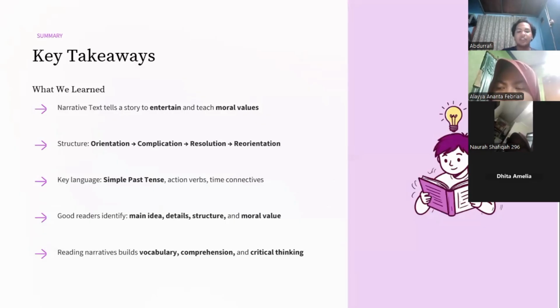They usually use the simple past tense, action verb, and time connective. As readers, we should be able to identify the main idea, important details, story structure, and moral value.